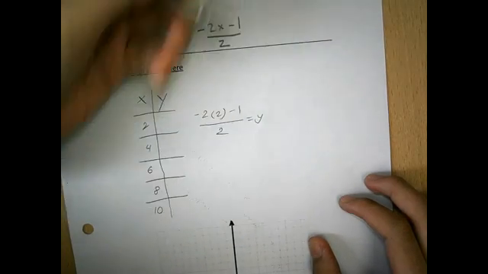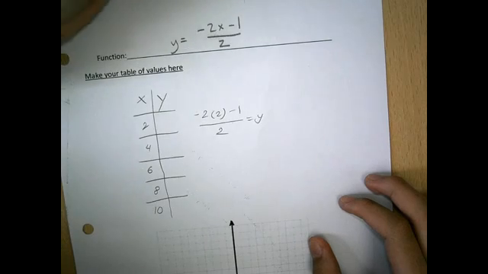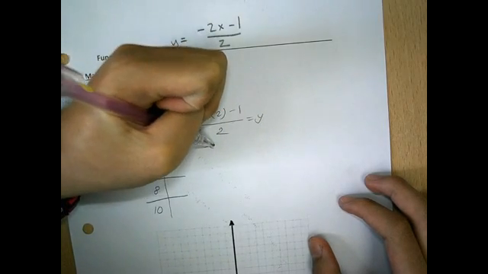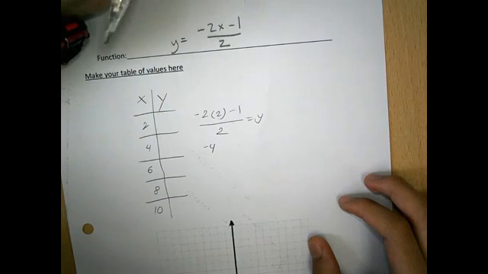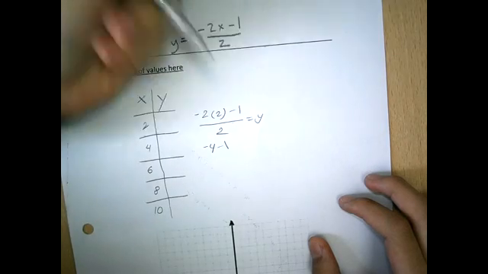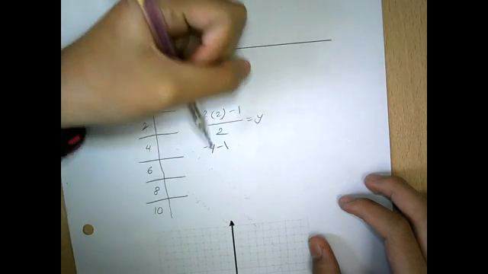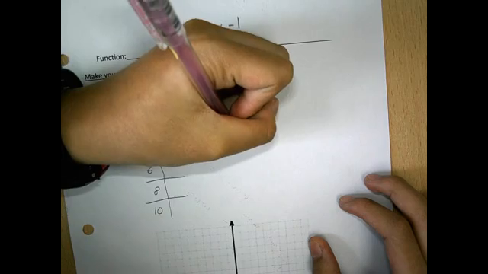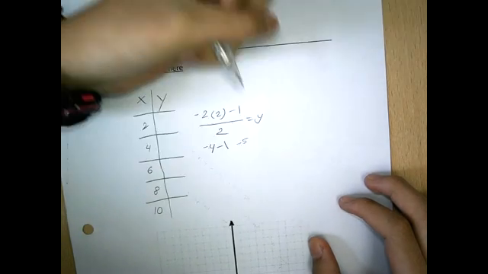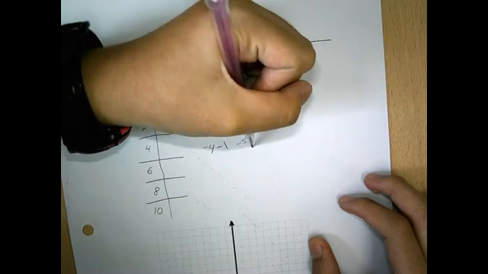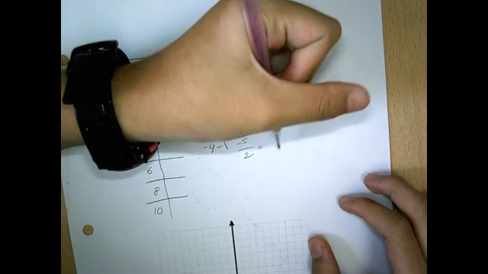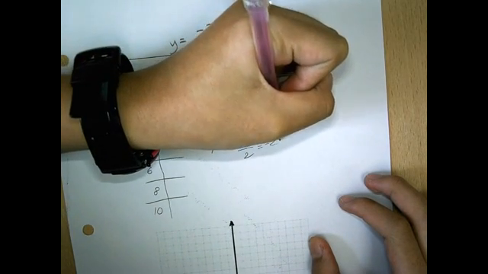We will try to get the y, so negative 2x, so that's negative 2 times 2, which would be negative 4, and we would have minus 1. Now this would be negative 5, so we have to divide it by 2. So that would be negative 2.5.